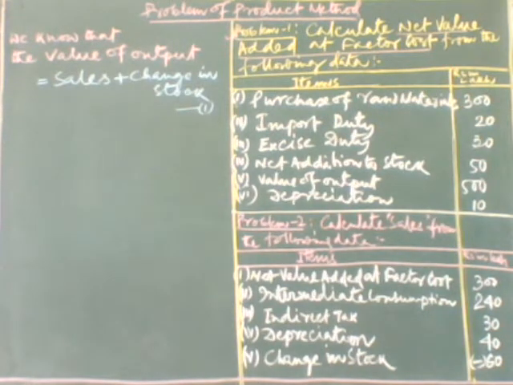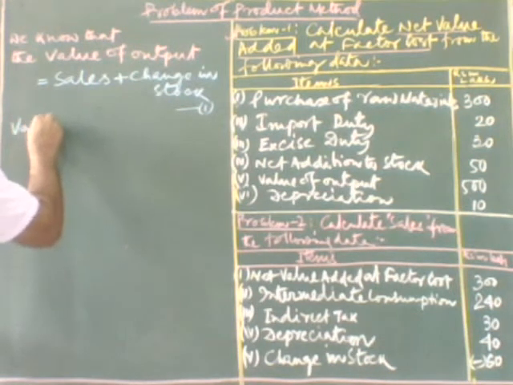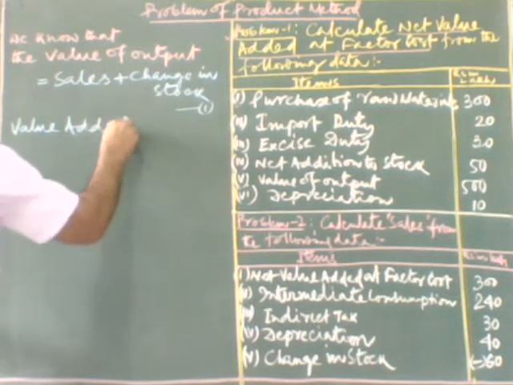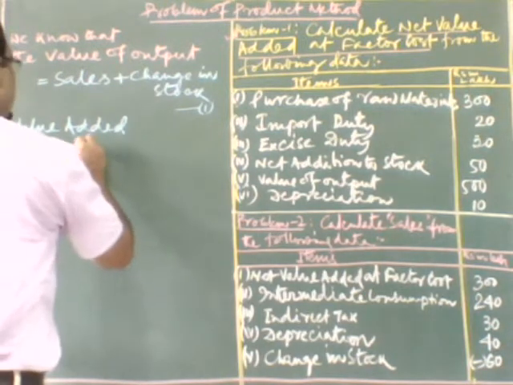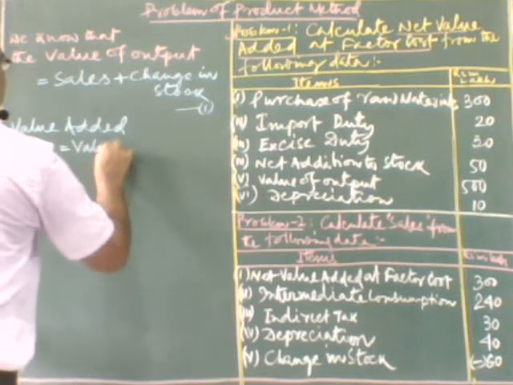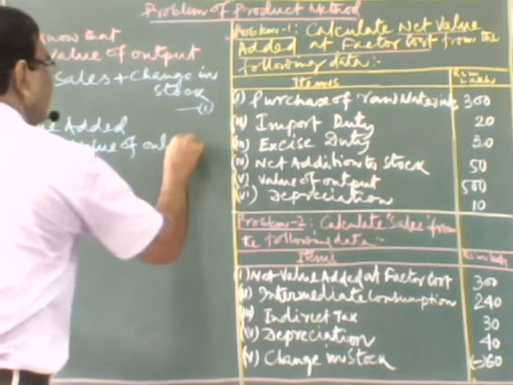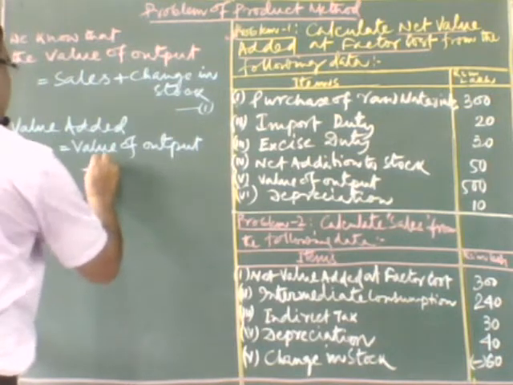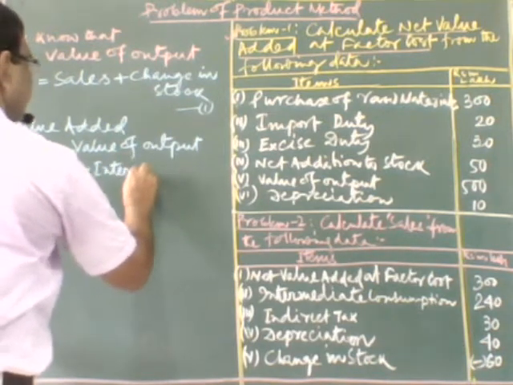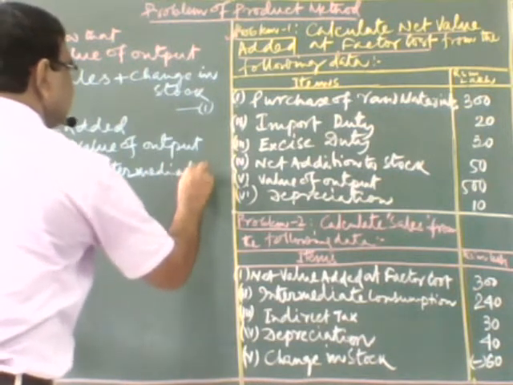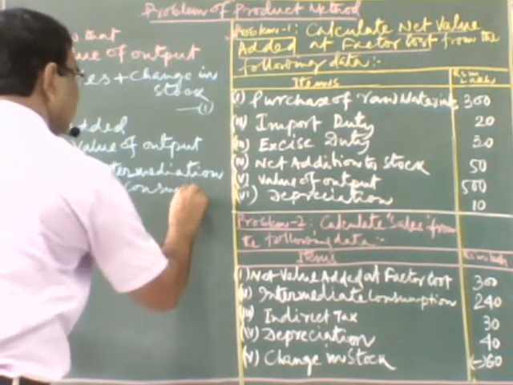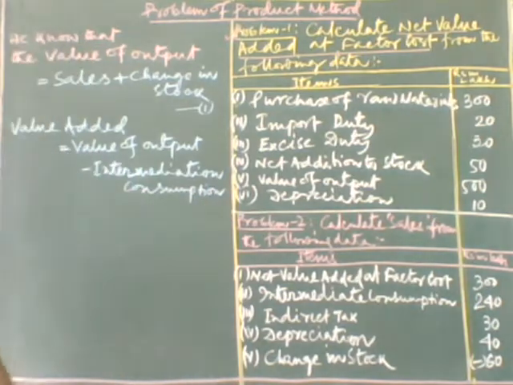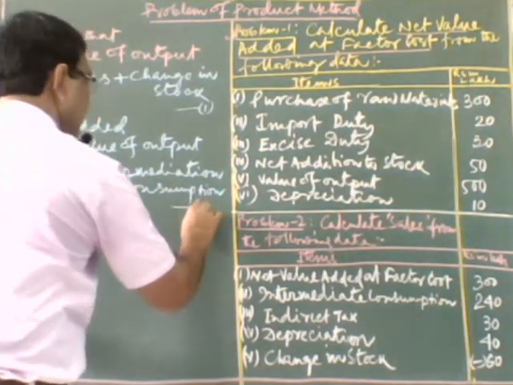And number 2, value added is equal to value of output minus intermediate consumption. This is number 2 formula.